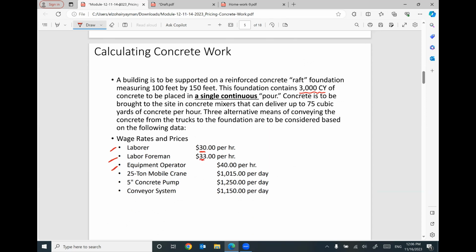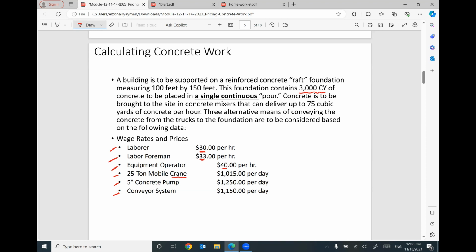An equipment operator will cost you $40 per hour. If you would like to rent a crane, it will cost you $1,015 per day. If you would like to rent a concrete pump or a conveyor system, it will cost you $1,150.